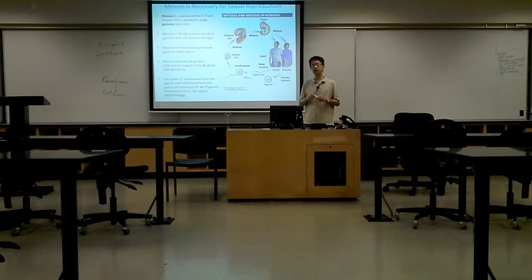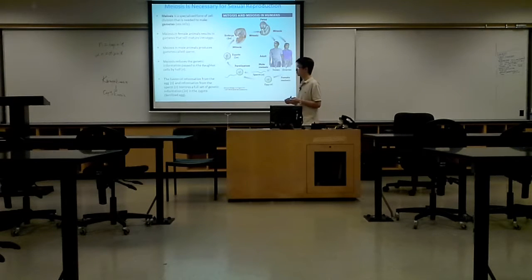So remember the question I asked on Wednesday, how many chromosomes we have and how many pairs of chromosomes we have. Remember, we have 23 pairs of chromosomes and we have 46 chromosomes. So when we have 23 pairs of chromosomes, we call it diploid. When we have 23 chromosomes, we call it haploid.